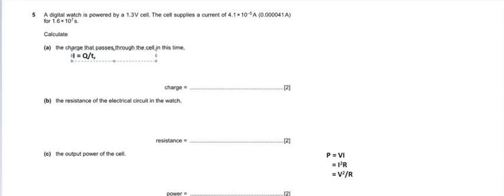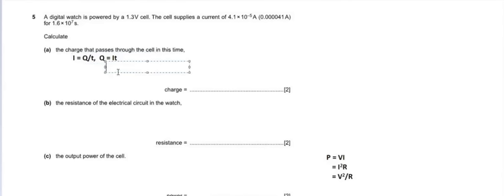We can rearrange this formula, so the charge will be equal to the amount of current into time. If you take the time to the left hand side, we get I into T. So Q is equal to I into T.